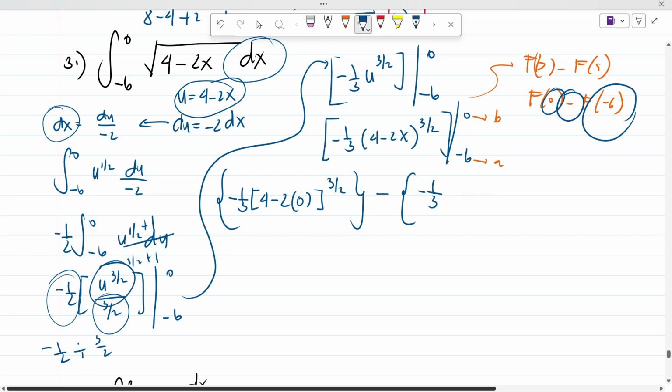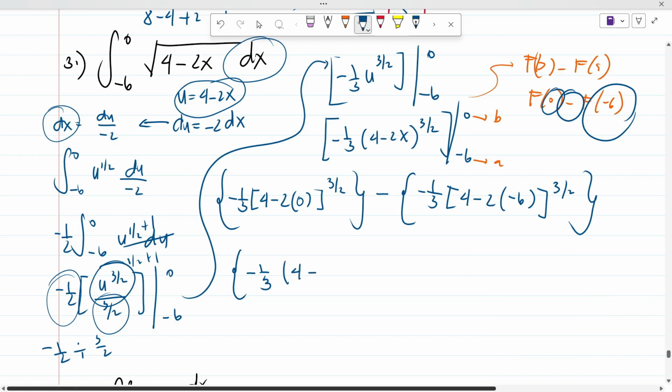So, okay. 4 minus 2. Lahat ng x palitan ng negative 6. And 3 all over 2. Gets, guys? So, negative 1/3. So, negative 1/3, guys. Then, what?